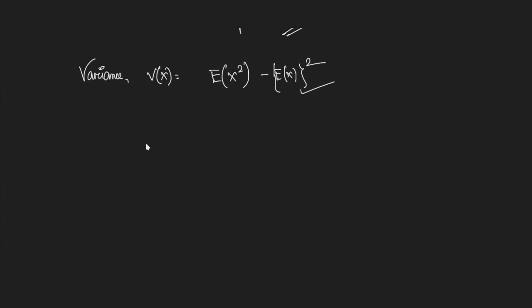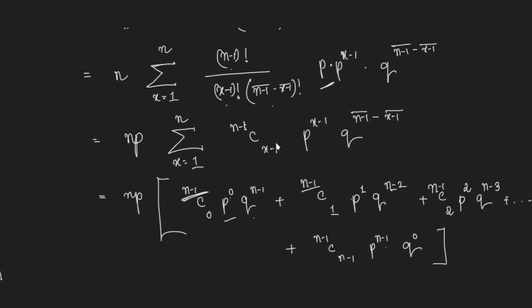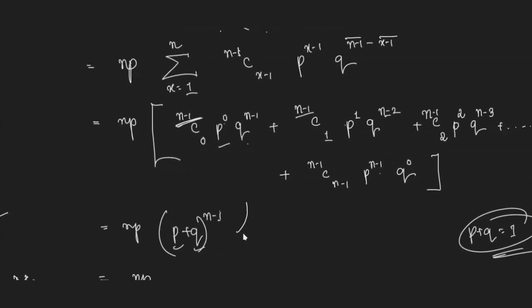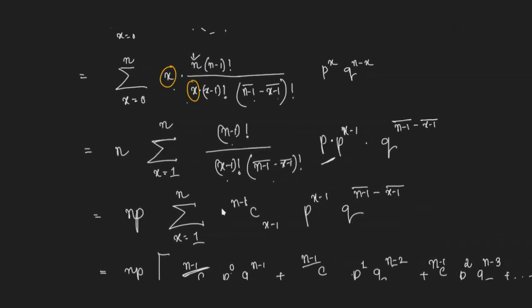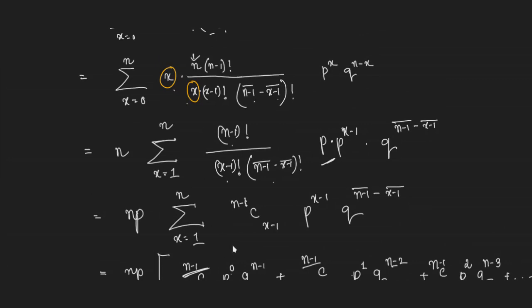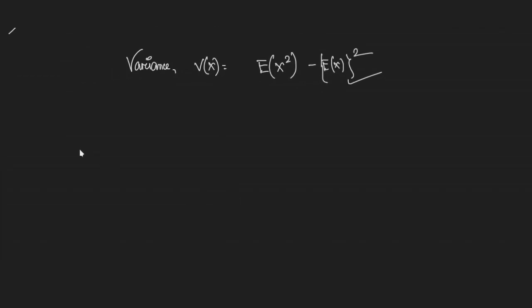You have to make some adjustment here. If we directly take expectation of x square, as we did for expectation of x, the extra x will not cancel out. Our objective is to form a binomial expansion, but with x square the expression is not of that form. So we use a different concept: x square can be written as x into x minus 1 plus x.